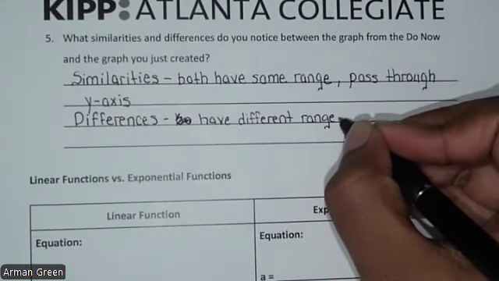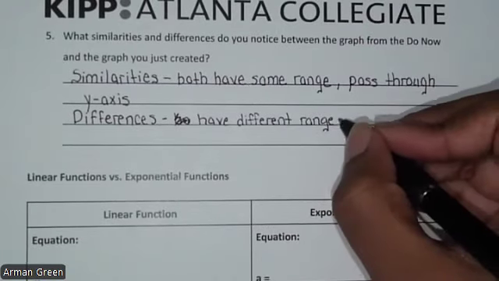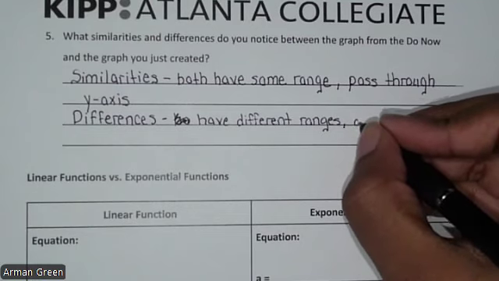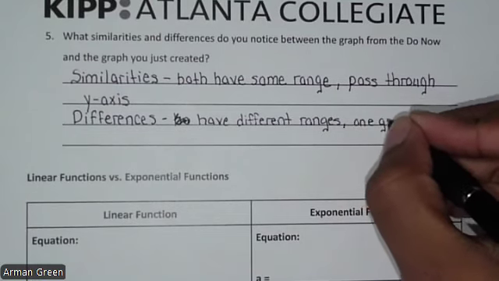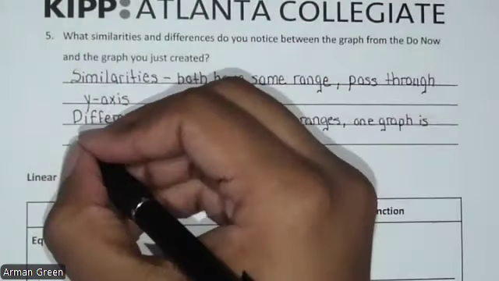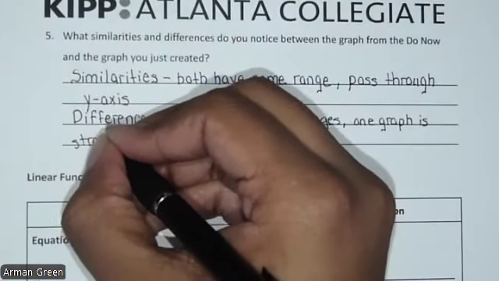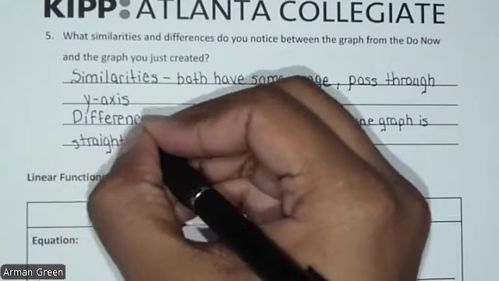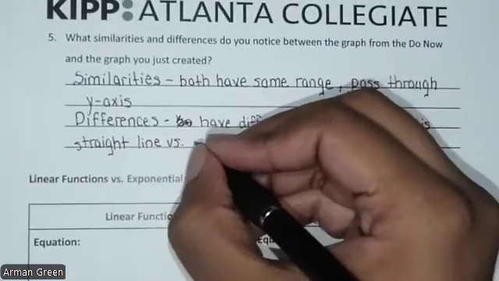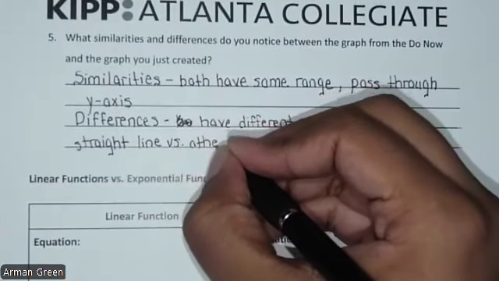Or if you were just looking straight at the graph, you might have noticed also that one graph is a straight line versus the other that was a curve.